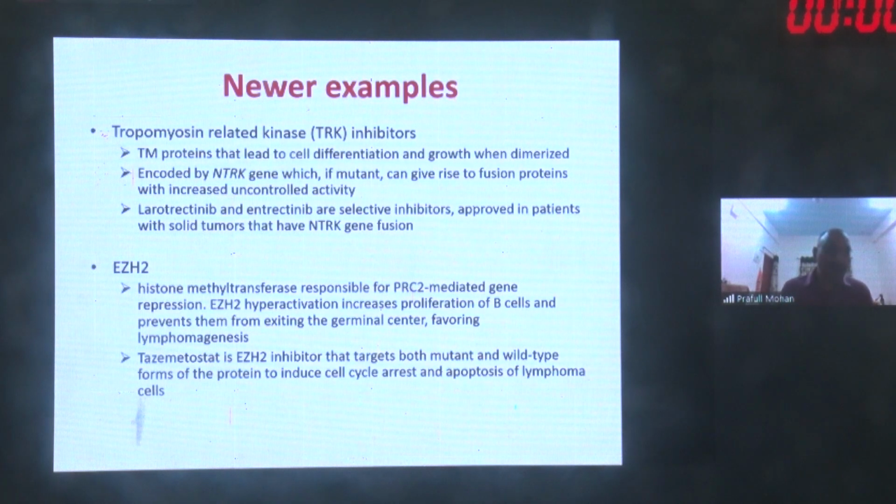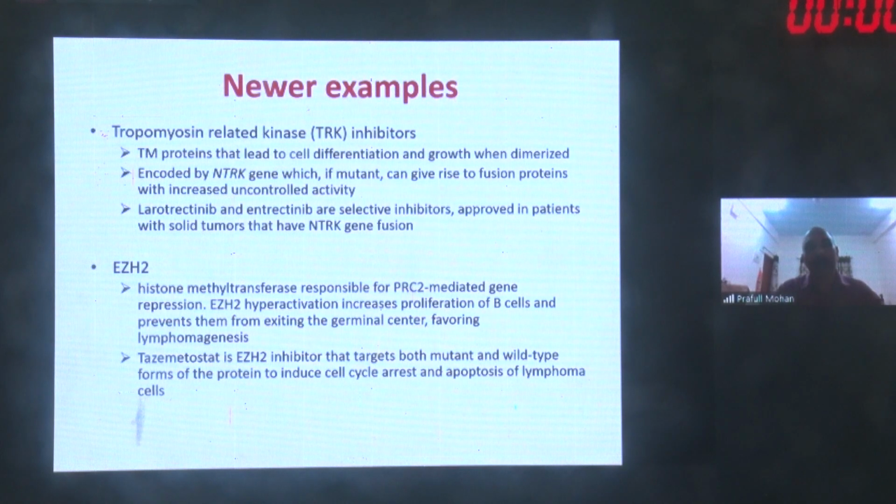Now, there are certain new examples also, like tropomyosin-related kinase inhibitors. So tropomyosin-related kinases are basically transmembrane proteins that are important and required for cell differentiation and growth. They are encoded by a well-identified gene, which if mutated can give rise to fusion proteins, and these fused proteins have uncontrolled activity.